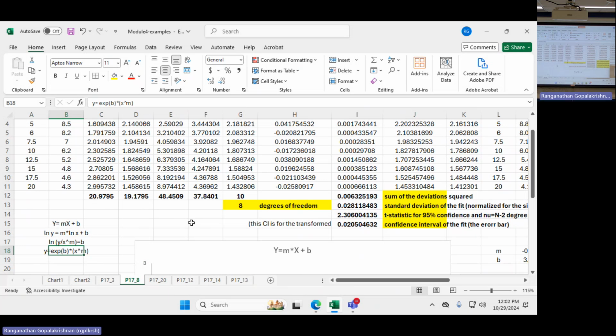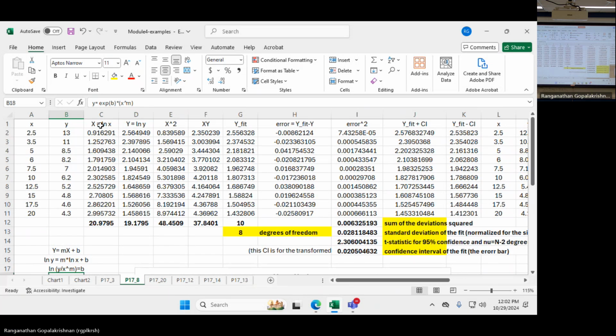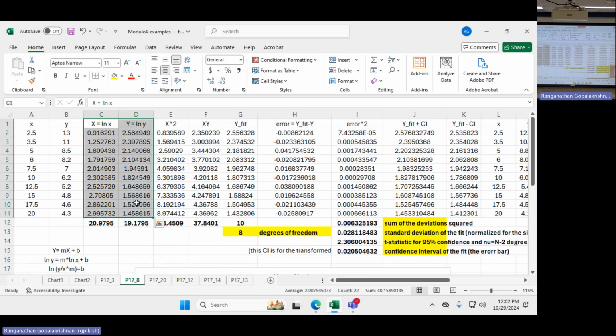So you can expect combinations like this. That is, if you take the original data, here logarithm of y and logarithm of x have a linear relation between each other. It could be the case that log y and x have a linear relationship, or y and logarithm of x have a linear relationship.